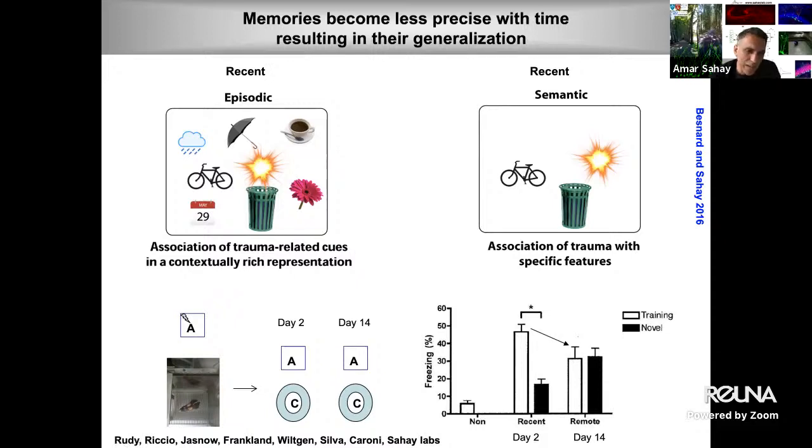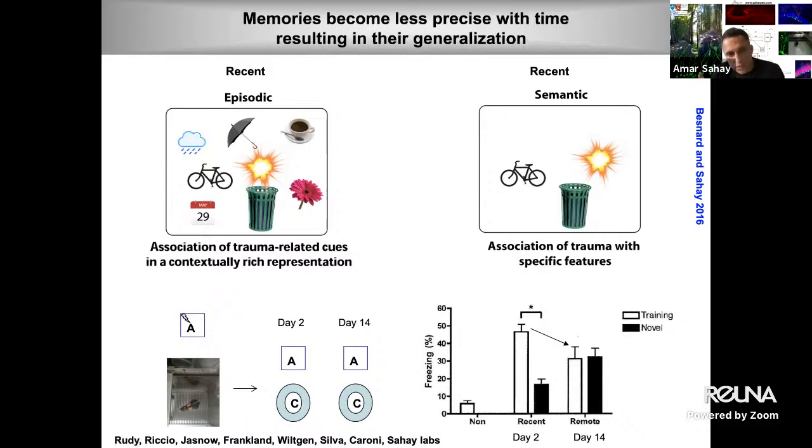When these animals are placed back at a recent time point in either the training context or a distinct, safe, neutral context C, they exhibit elevated levels of freezing behavior, indicative of having made that association of the context with the mild foot shock. In contrast, these animals exhibit very low levels of freezing behavior in the neutral, distinct context C.